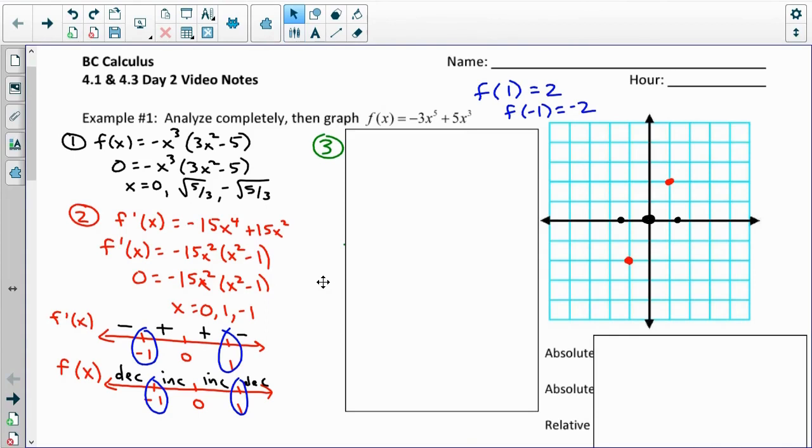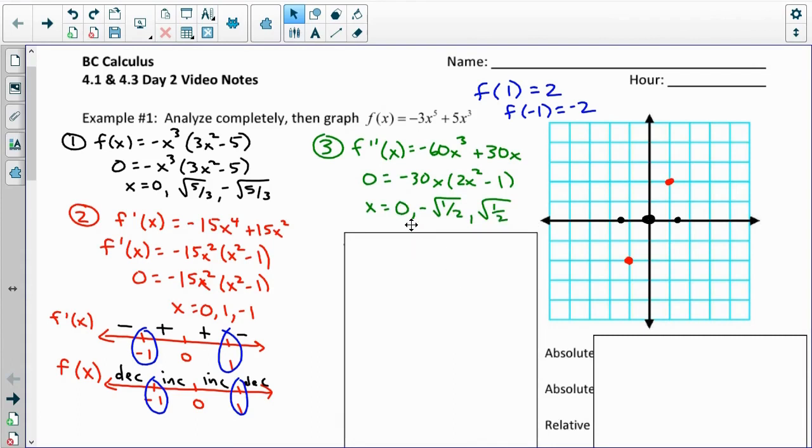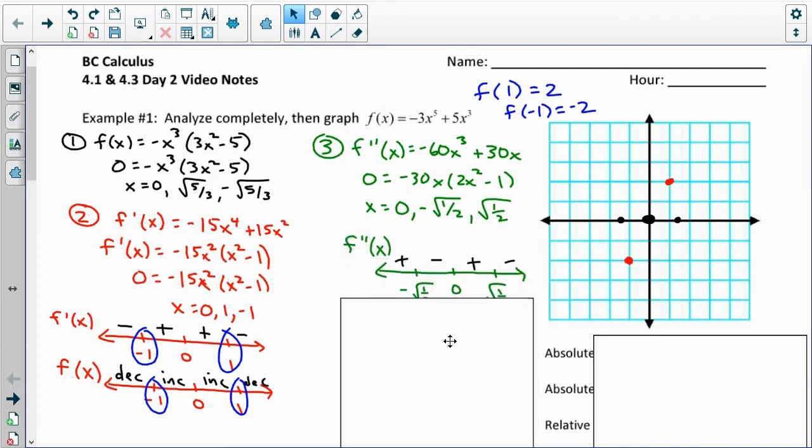So if I'm taking a look at the second derivative, I just go negative 60x cubed plus 30x. I factor out a negative 30x, and I solve for x, and I get 0, negative root 1/2, and positive root 1/2. I'm not simplifying the square root, so I'm sorry about that.